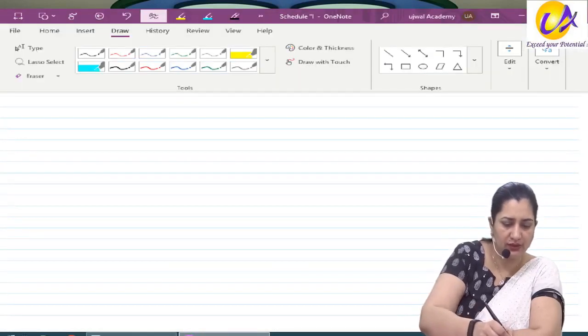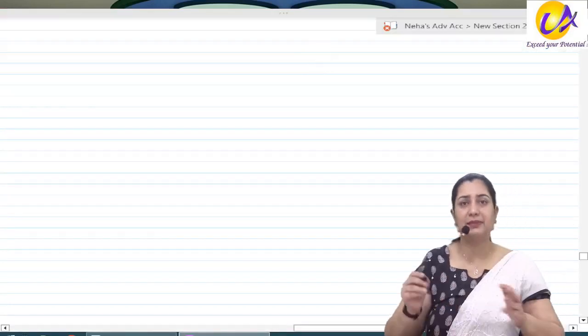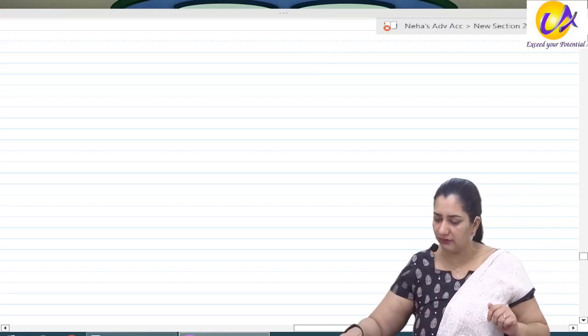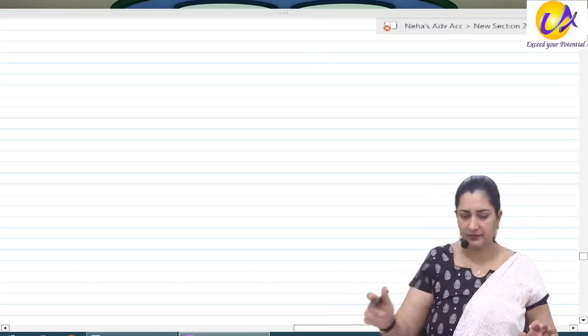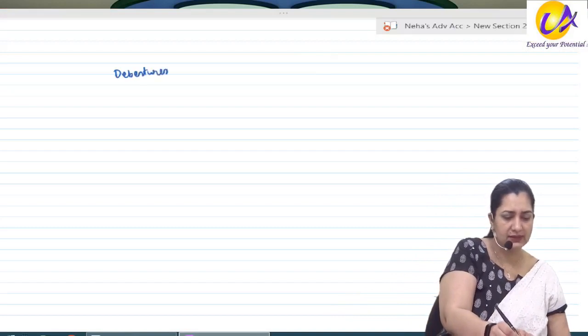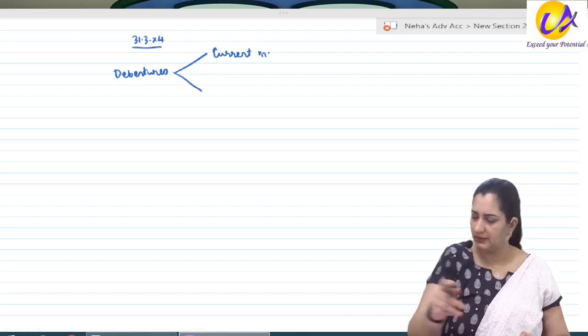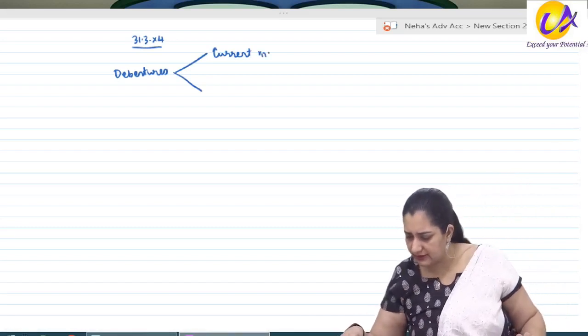Okay. So what you will do, you will divide the amount separately. So first we decided that, right? The debentures amount, we'll divide it in two parts. This is 31st March 4. The current maturity, debenture nahi, bonds hai na, they are bonds I guess, right?